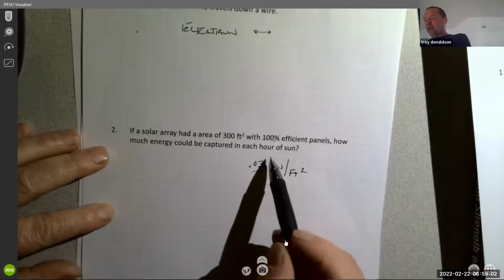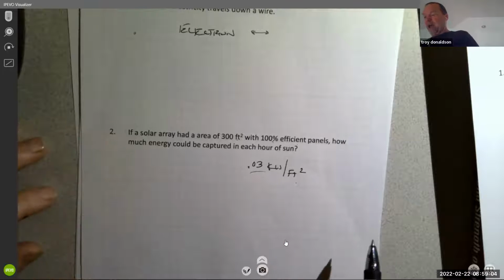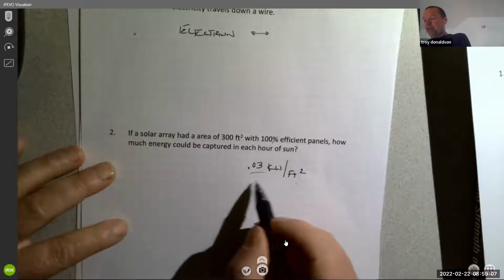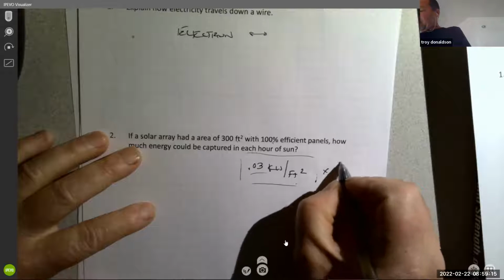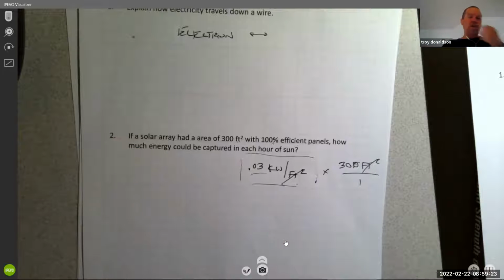How much energy could be captured in an hour of sun? In an hour of sun, we get essentially this much per foot squared. So all we need to do is take our 300 square feet and multiply it, do our unit cancellation, and we're left with kilowatts.